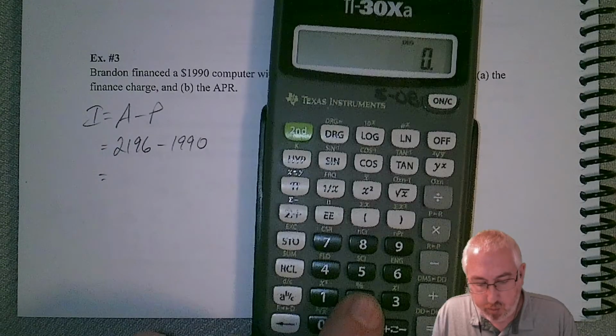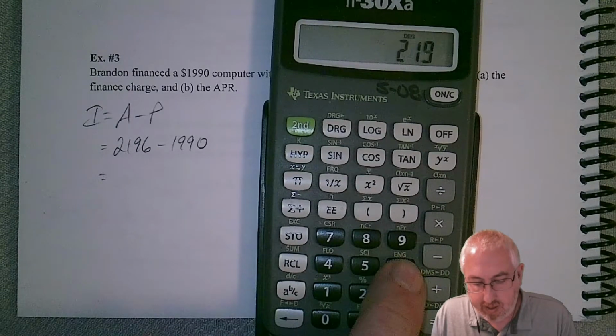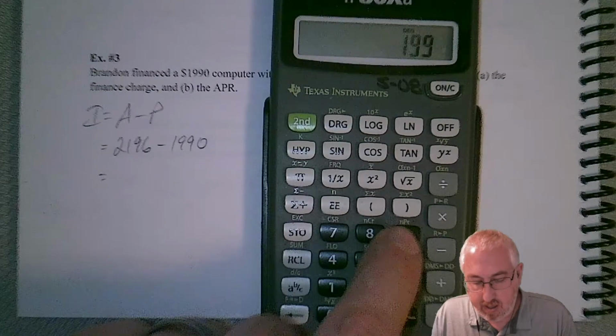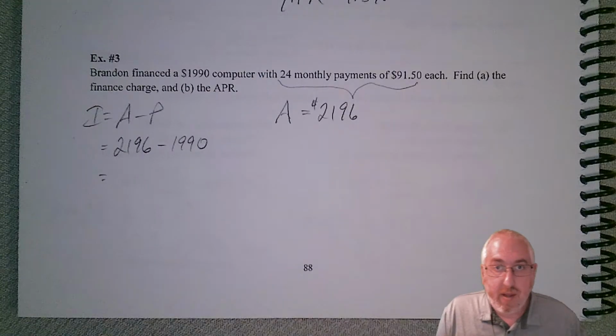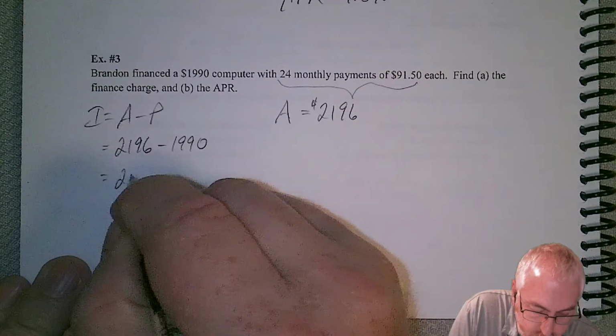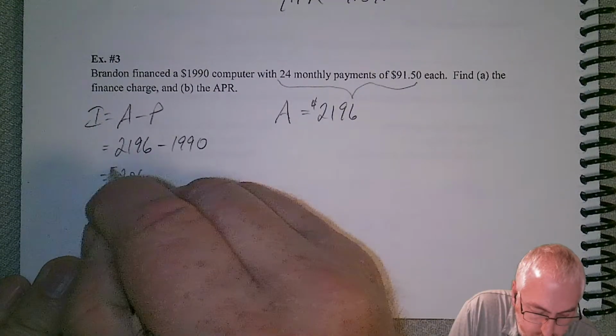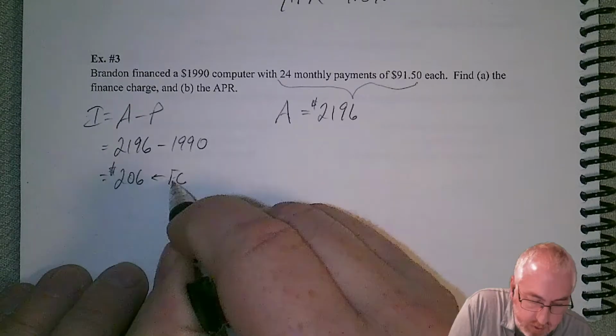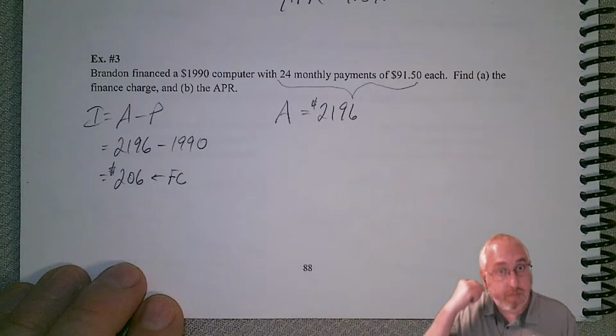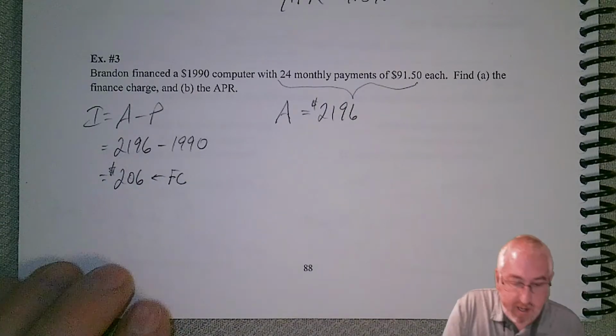So if we said 2196 minus 1990, we get 206. So that is our finance charge. All right, so that is the answer to part A.